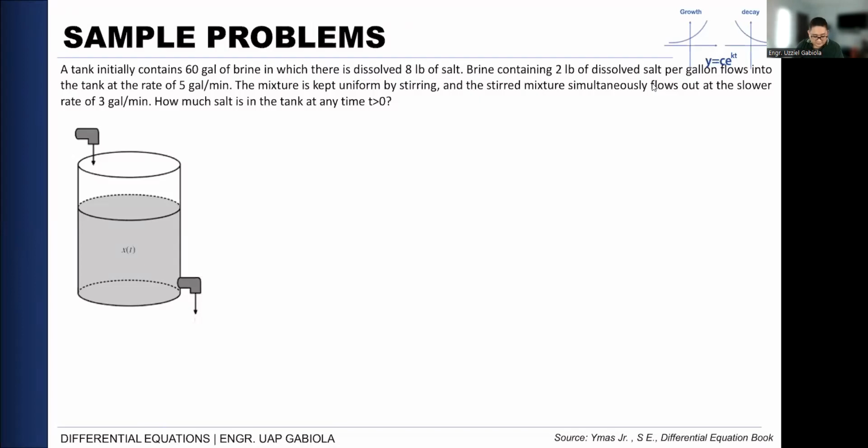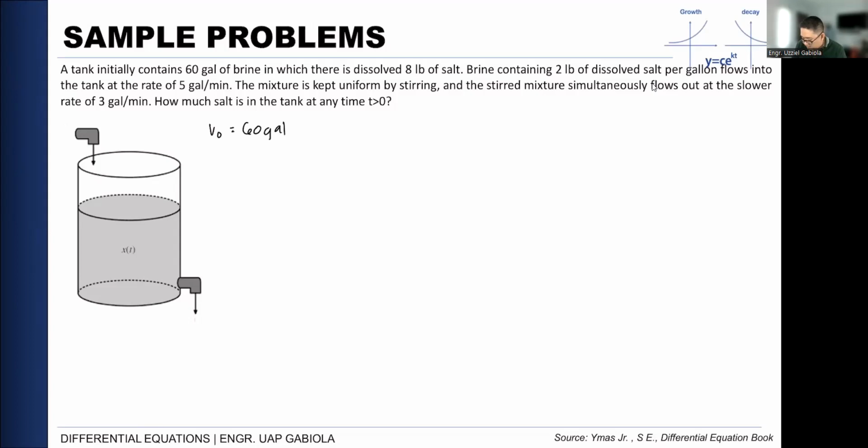Okay? Para mahanap. Okay, so identify natin ulit yung given natin. So yung initial volume ng mixture natin is 60 gallon of brine. No? So brine solution yung meron tayo. So initially, meron tayong 60 gallons. Okay?